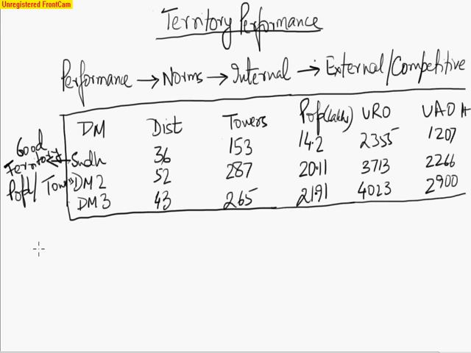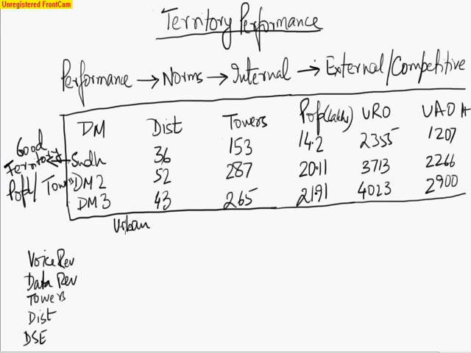Here we'll look at voice revenue, data revenue, towers, distributors, and also the DSEs, which is the distributor sales executives. How many distributor sales executives are there for this particular purpose? And let us look at the urban data which is available.